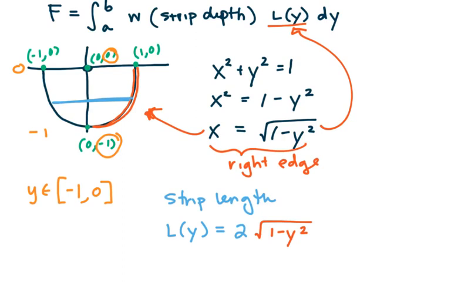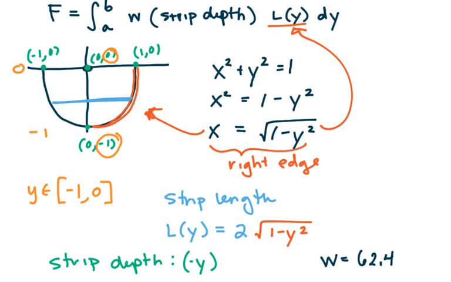The strip depth, since we are traveling down vertically, my strip depth is going to be -y. And because this is fresh water, my weight density w is going to equal 62.4, and that's pounds per cubic foot.